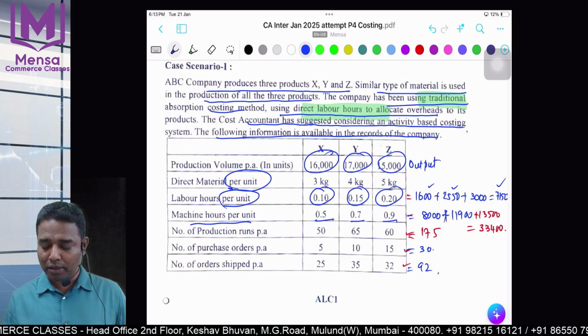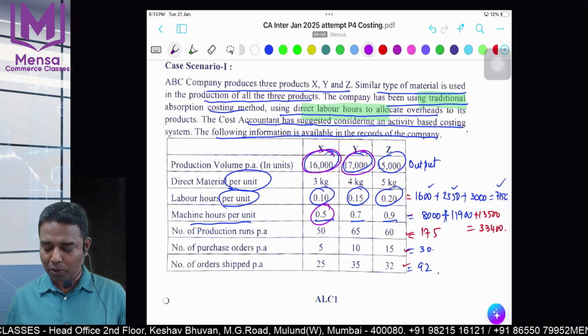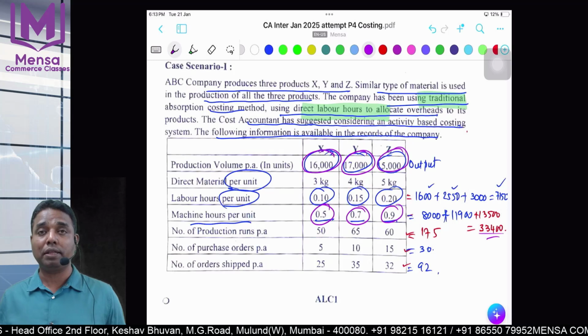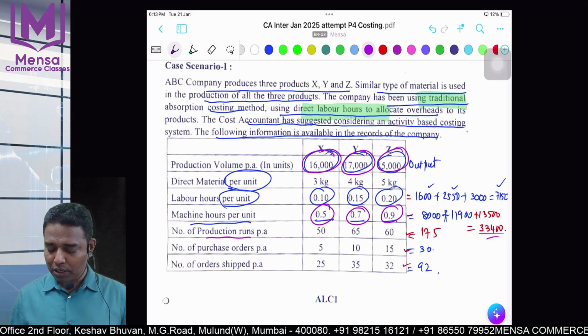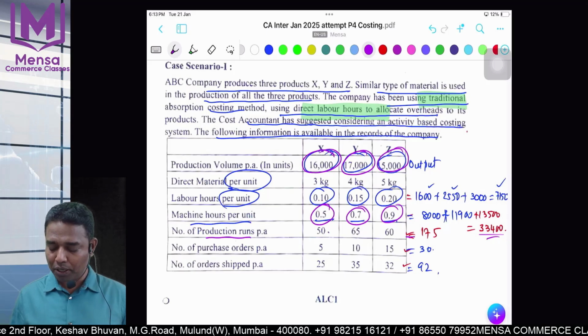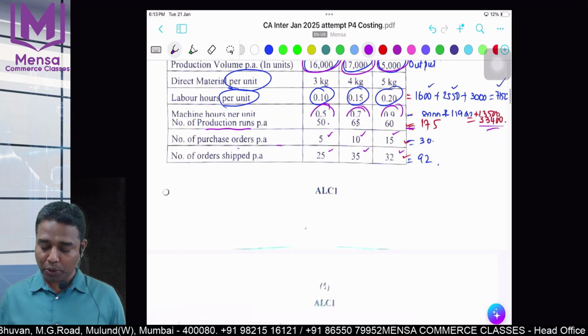Again we have done the multiplication of 16,000 into 0.5, 17,000 into 0.7, 15,000 into 0.9. So total comes to 33,400. This will help you further. And total production runs is 50 plus 65 plus 60, that is 175, purchase orders 5 plus 10 plus 15, 30, number of orders shipped 25 plus 35 plus 32, that is 92.